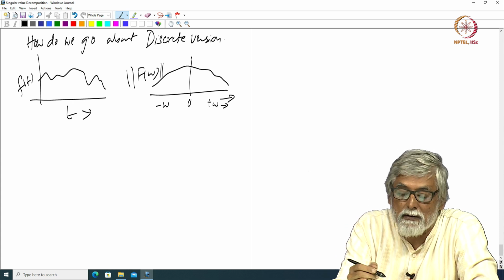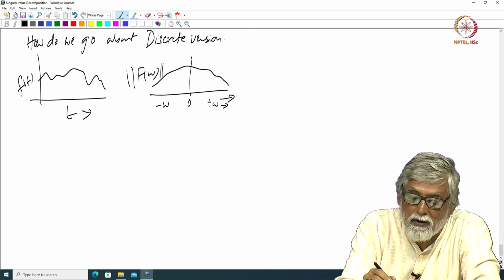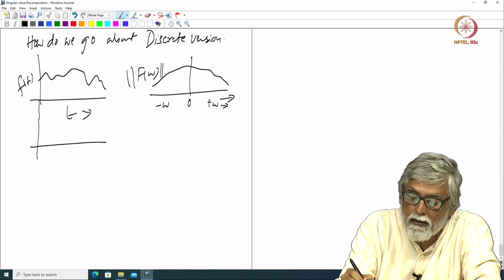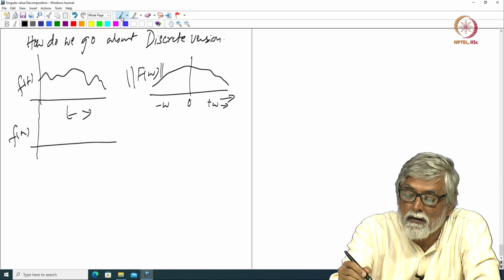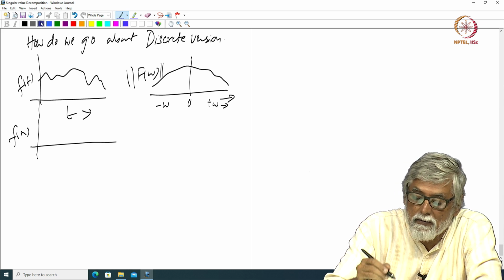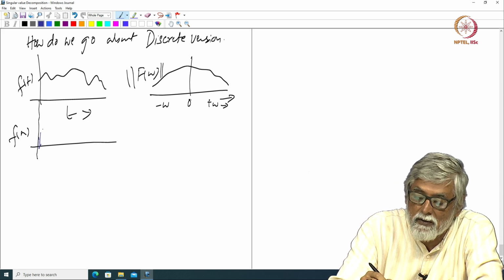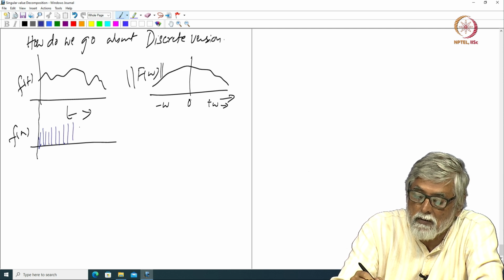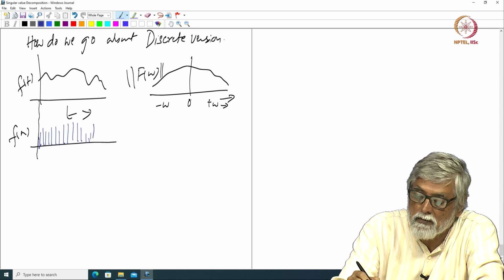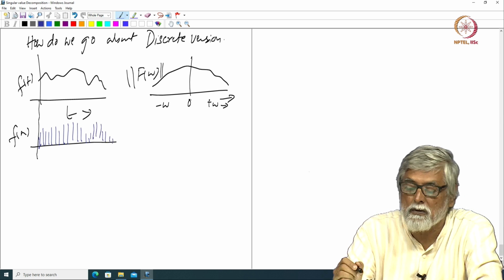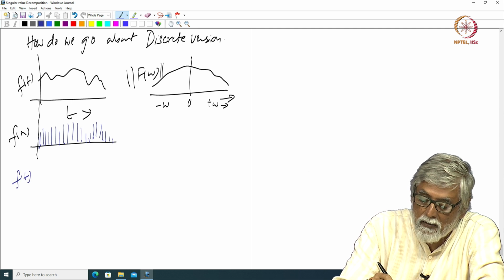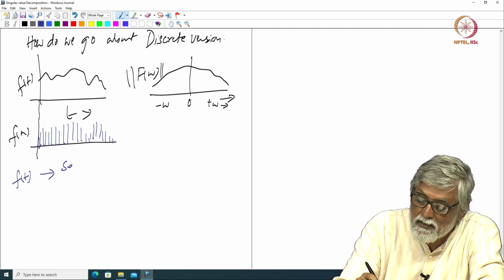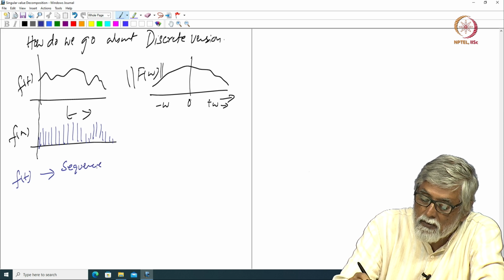There are many steps. The first step is to convert f of t to f of n, which is, I discretize, so this function f of t became a sequence f of n.